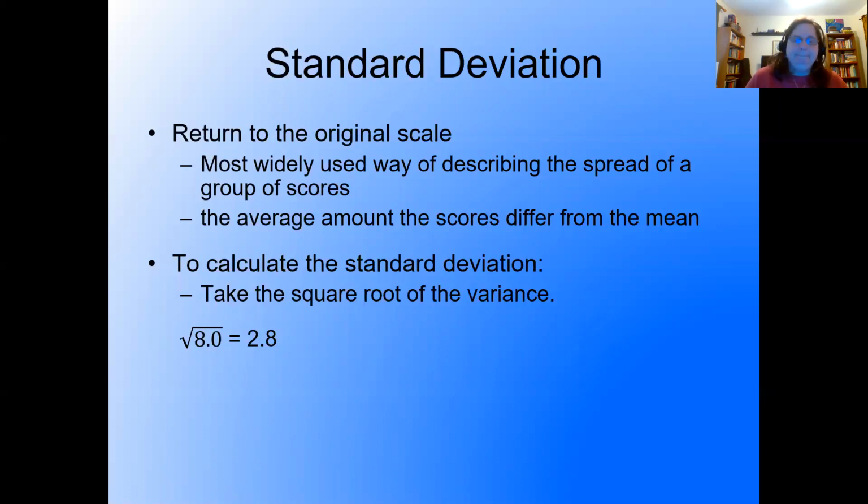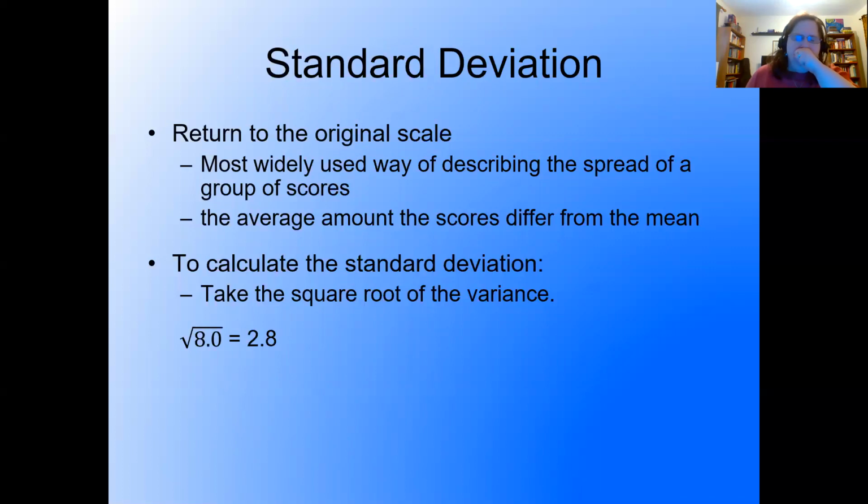Okay. So in this case, our variance was 8.0. If we take the square root of that, we get approximately 2.8. So that's how we want to proceed when we're getting the variance and standard deviation.